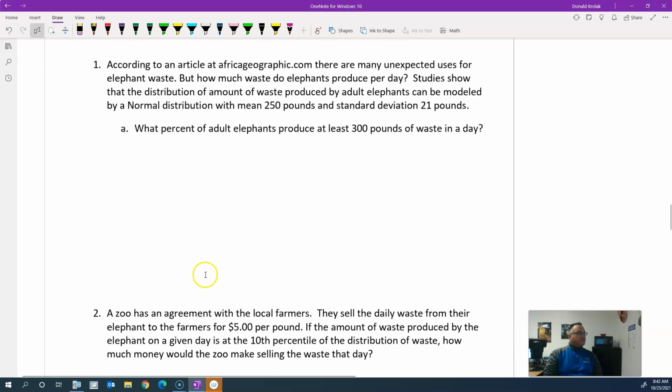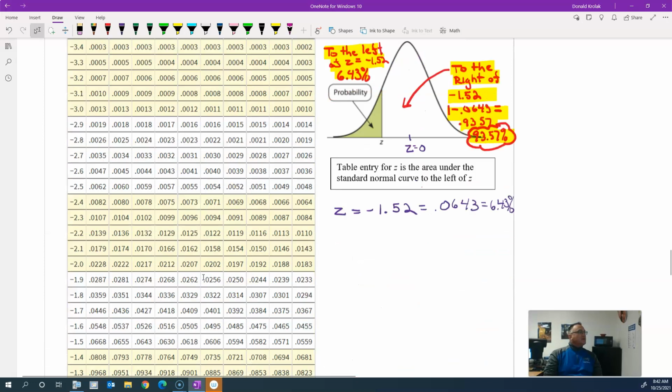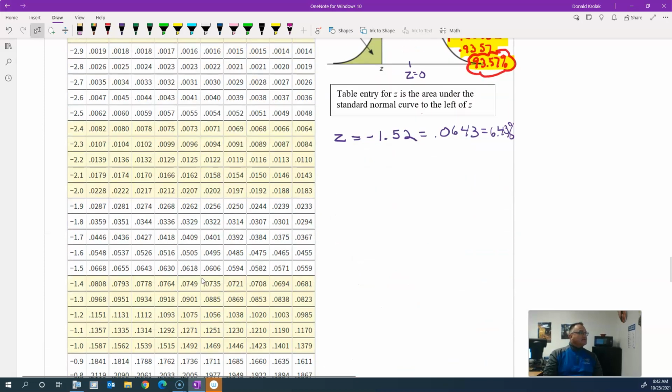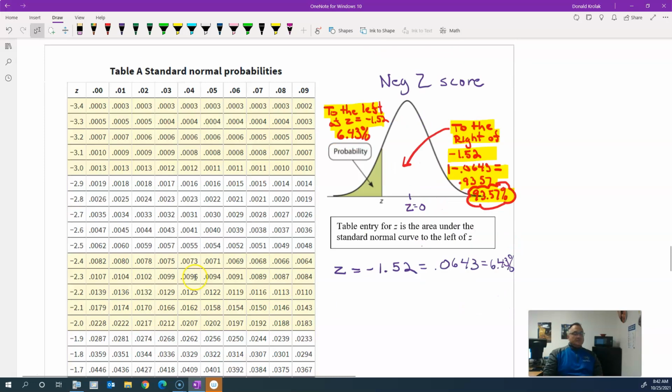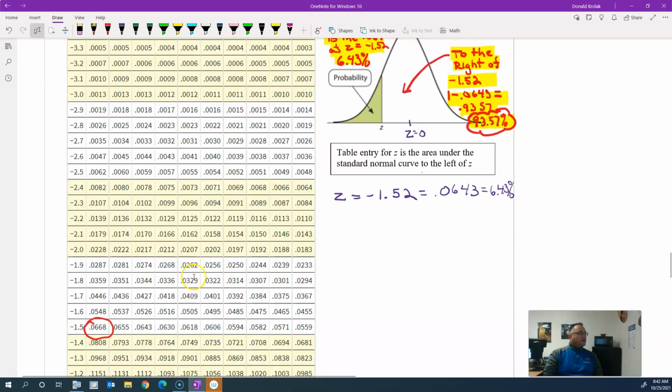All right, so we flip to that and we go to -1.5, and then 0. So that's this value right here. -1.5, and then the column is 0, 0. So that's 0.668.